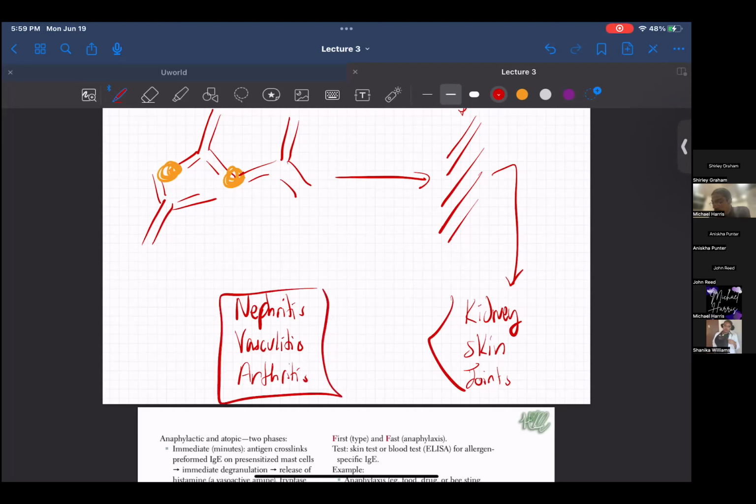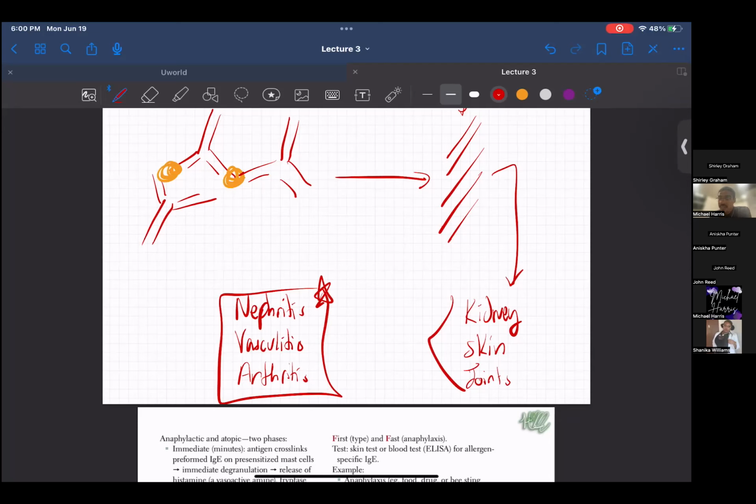This here is the typical presentation when you have immune complexes. This never changes. Any condition that forms immune complexes most likely has these 3 symptoms because that's how this condition works. Okay?